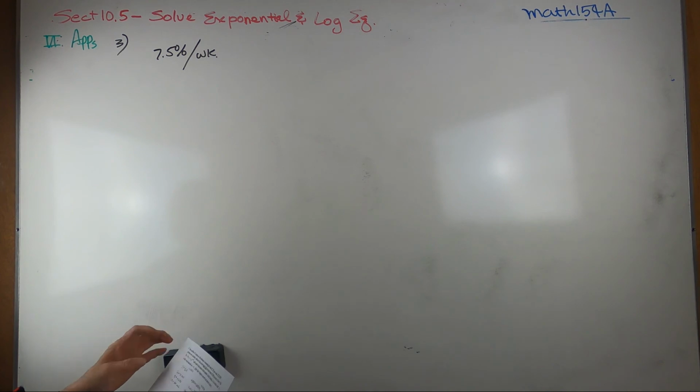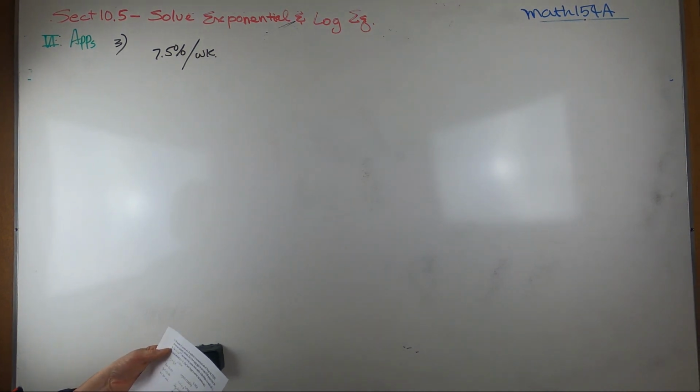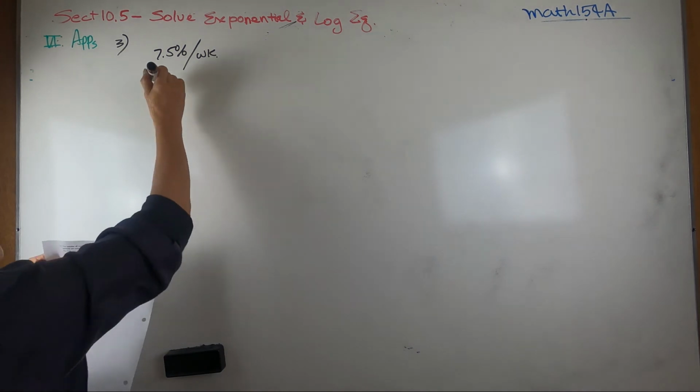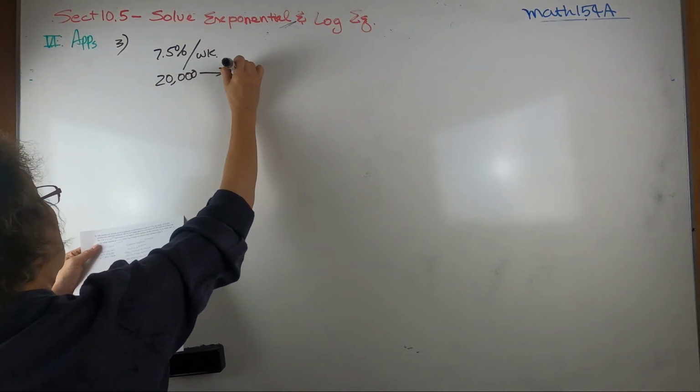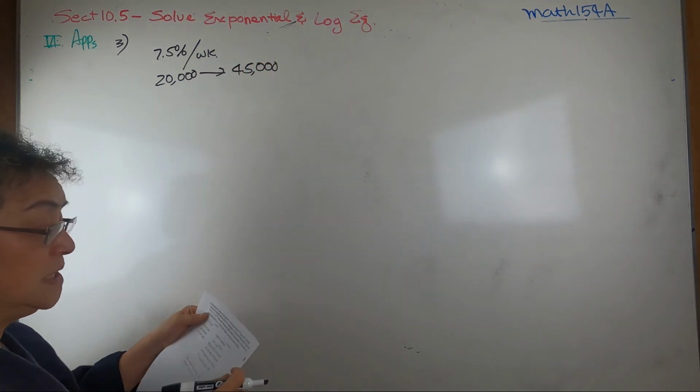So if 20,000 people are currently infected, then in how many days can we expect 45,000 people to be infected?